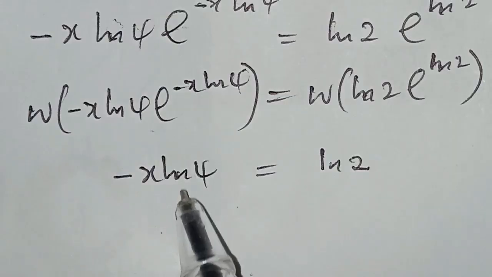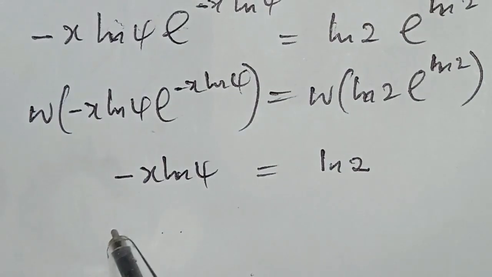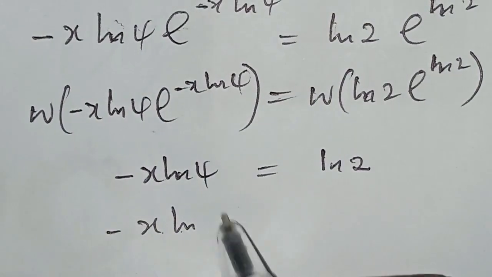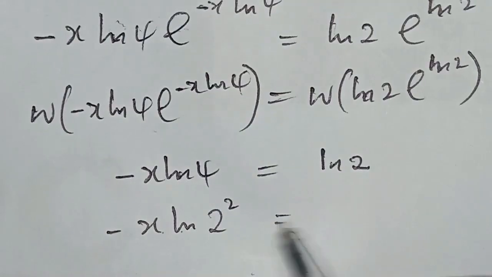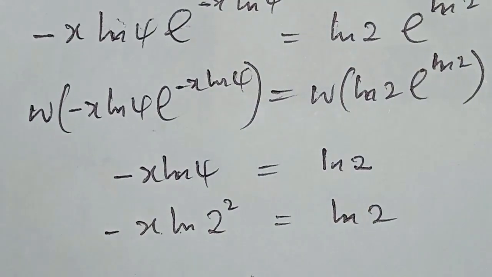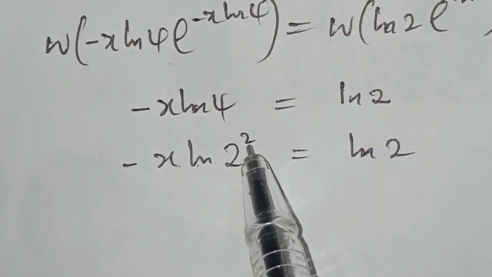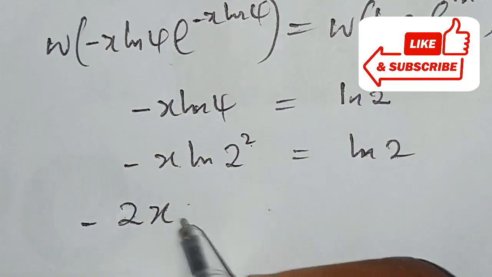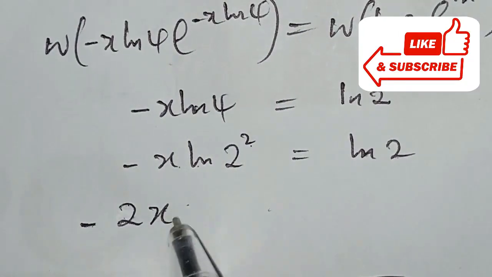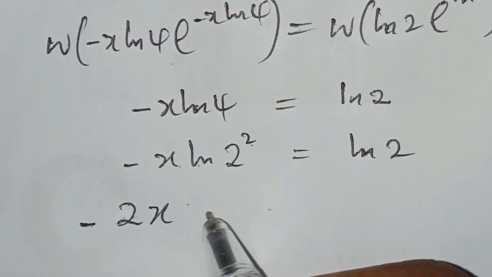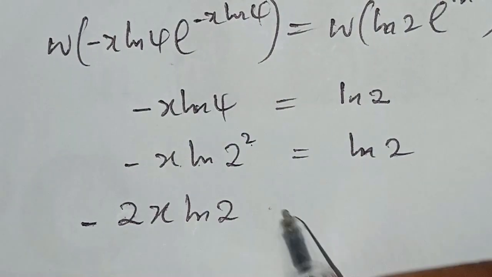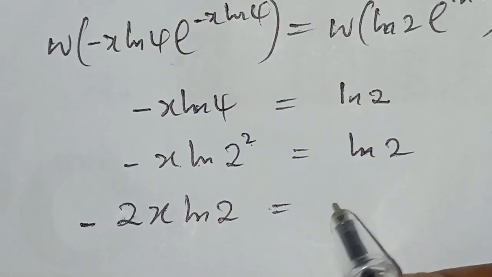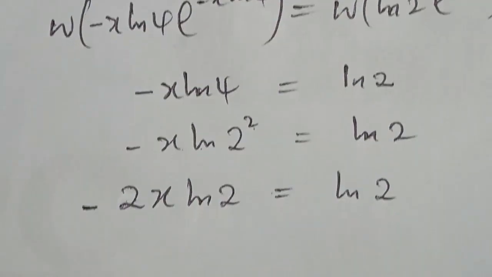Now from here, we can rewrite this as minus x ln of 2 to the power of 2 equal to ln of 2. We can bring this exponent down to the base. We have minus 2x ln of 2 equal to ln of 2.